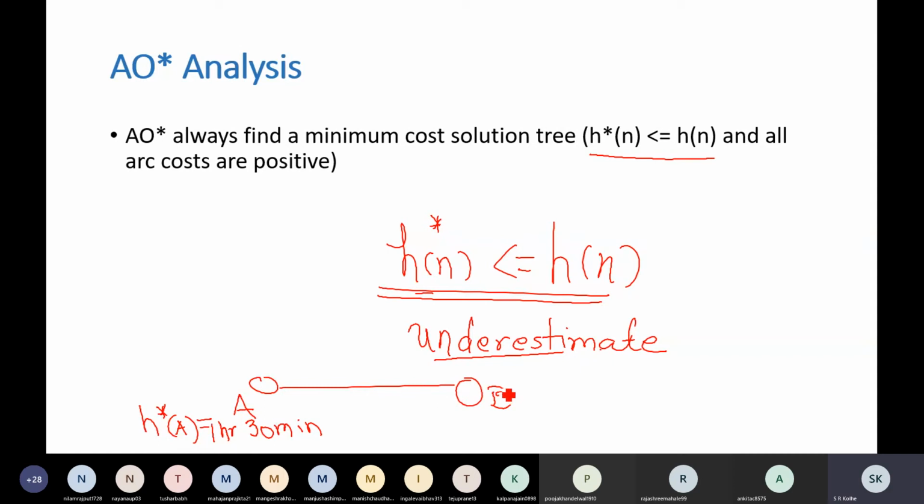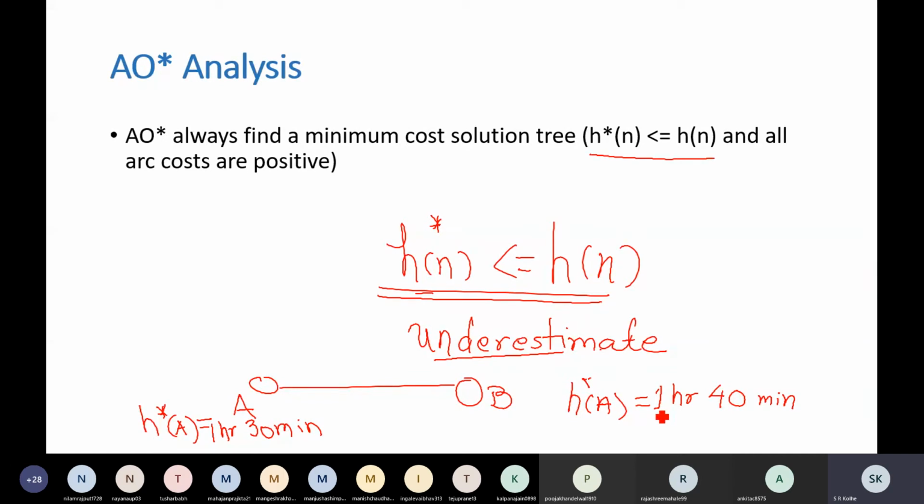You have started from A and reached B, and you find that this Hn, now not star, the cost to reach B from A, H of A, is 1 hour and 40 minutes. Your estimate was 1 hour 30 minutes.